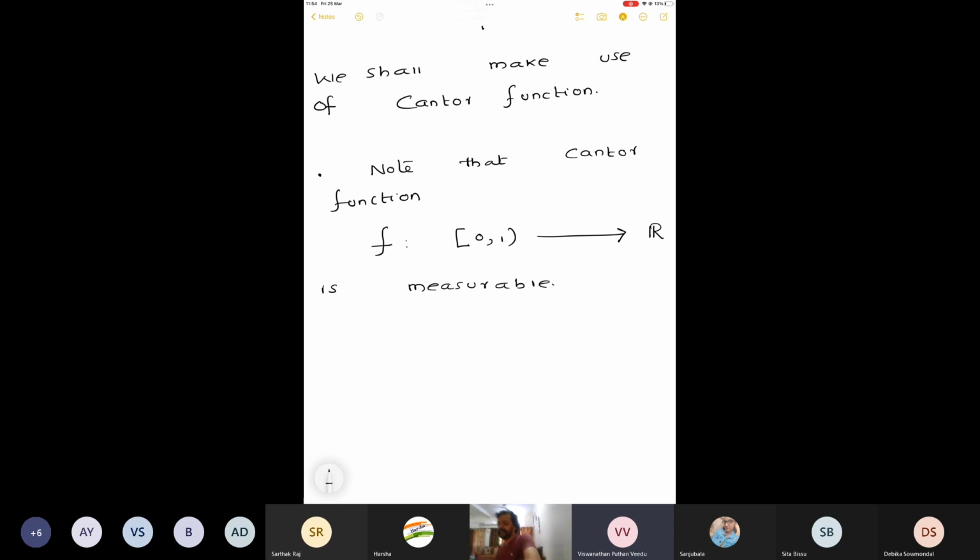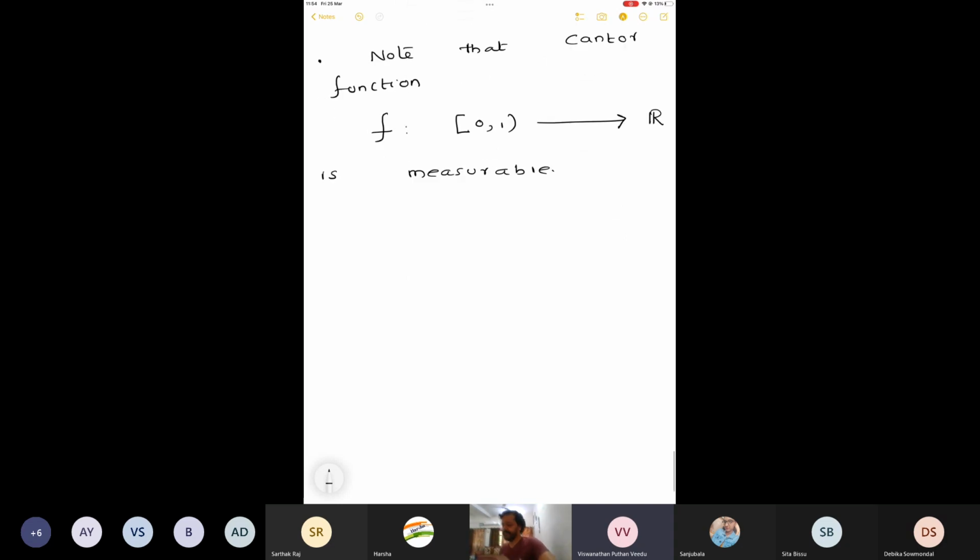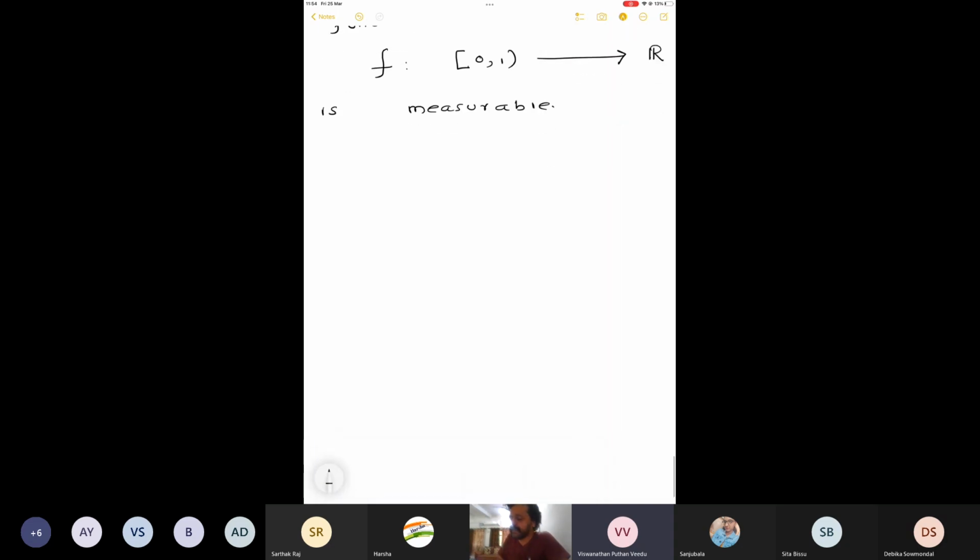If you want, I can reintroduce the Cantor function in the following manner. There is another way to look at the Cantor function, defining it using ternary expansion and binary expansion. Before that, do you know how to write an n-ary expansion of a number?